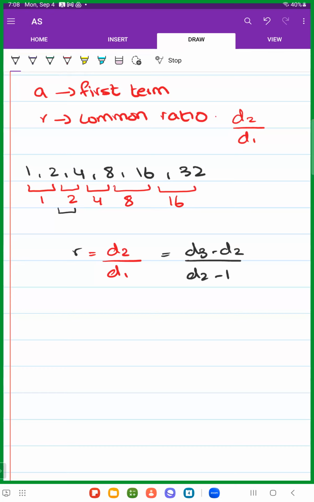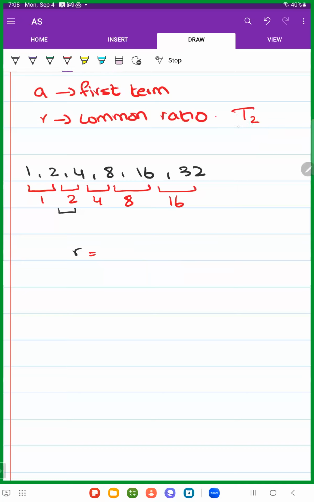Are you understanding? Actually, no. Let's do it a much simpler way. You can calculate R simply by dividing term 2 upon term 1, or any term upon the previous term.